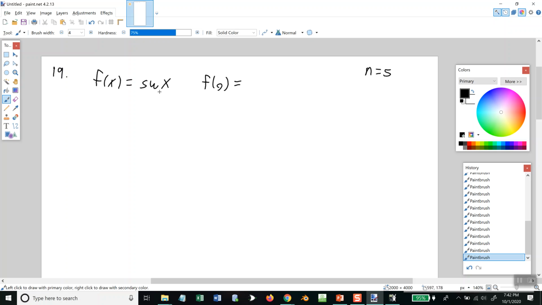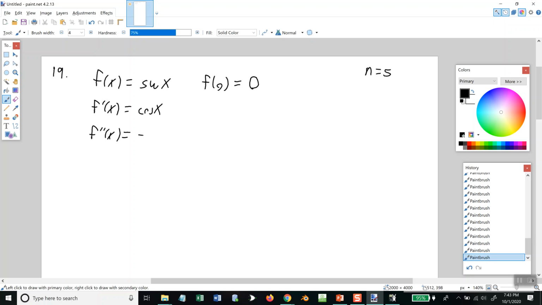Sine of 0 is 0. Sine is our y. So what's that equal to? 0. Now our derivative. Derivative of sine is cosine. And I guess I might as well go ahead and just do all the derivatives real fast.